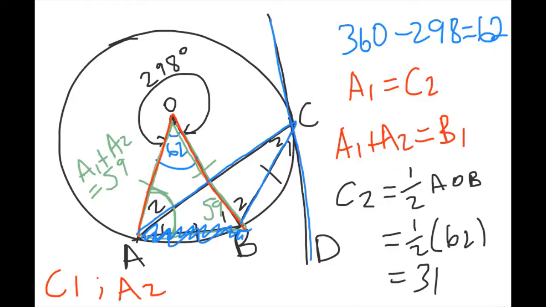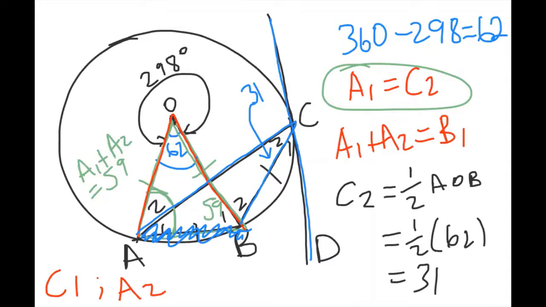All right, so now we have C2, which equals 31. But just look here on top. Here on top, we said A1 equals C2. So that means this A1, I'm just going to show you over there, that equals 62 as well.